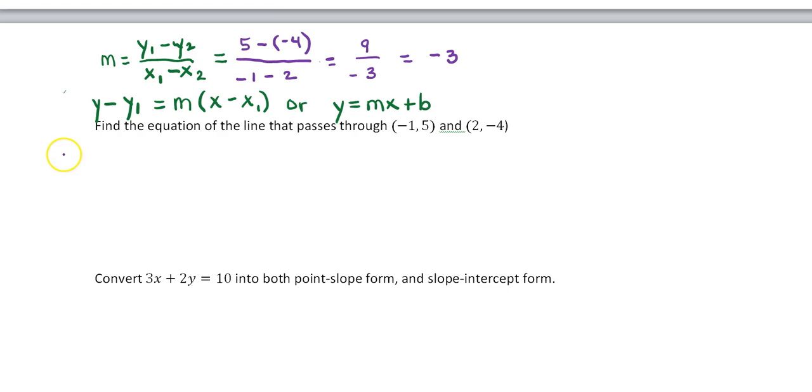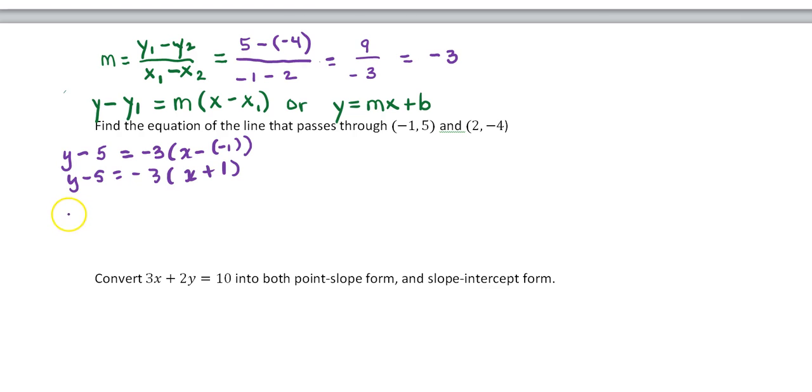I have y minus 5 equals my negative 3 times the quantity of x minus a negative 1, which we could rewrite to be y minus 5 equals negative 3 times the quantity of x plus 1, because we've got that double negative there.